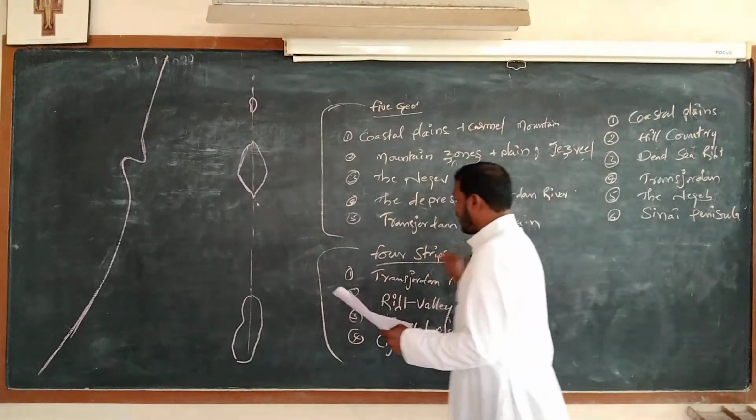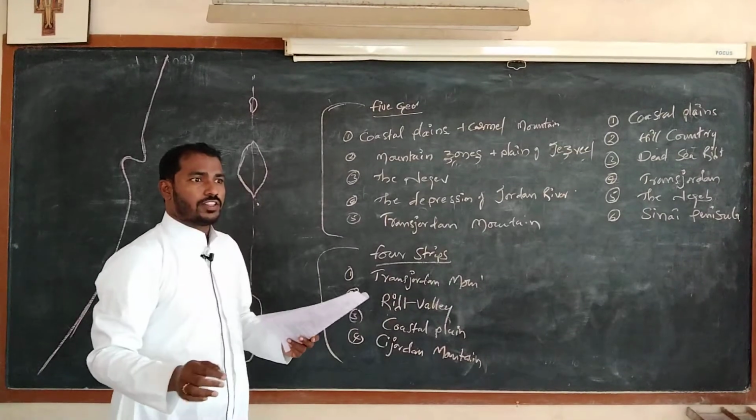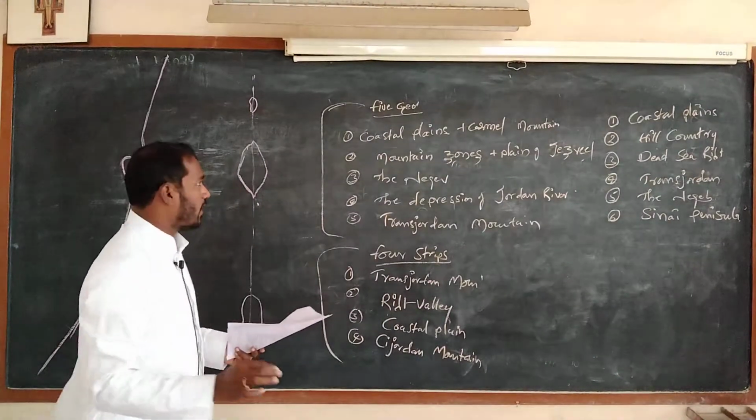So these are three categories of dividing the land.